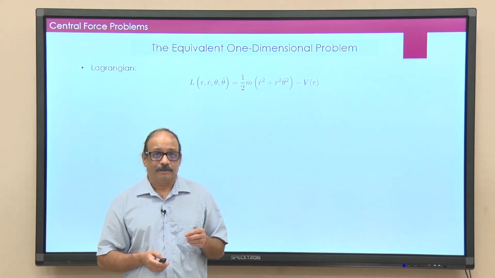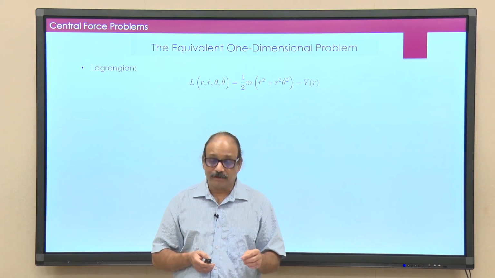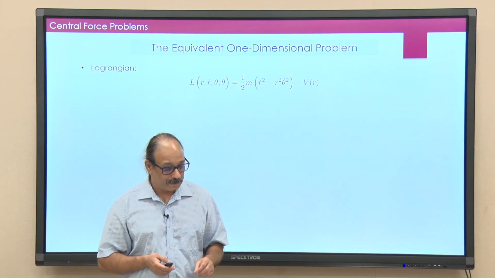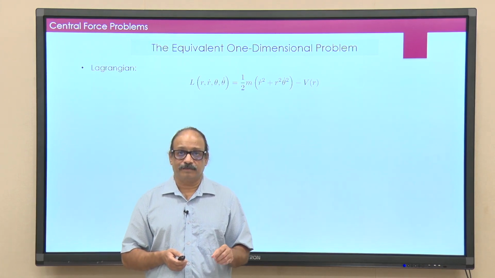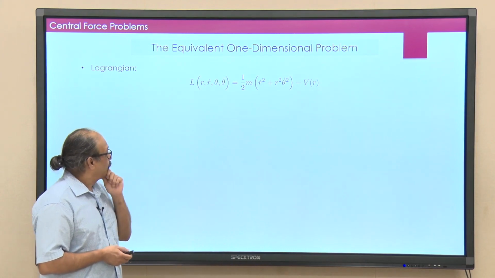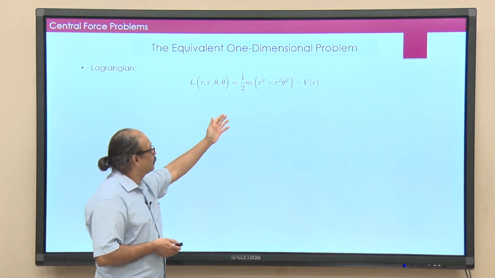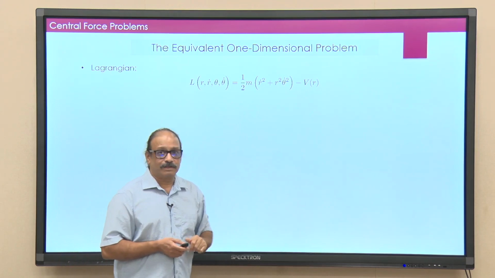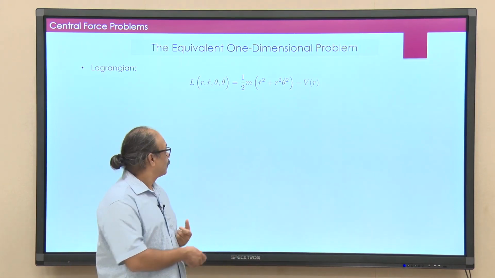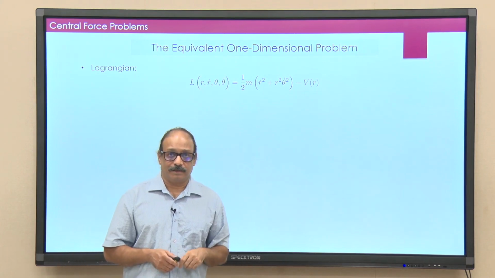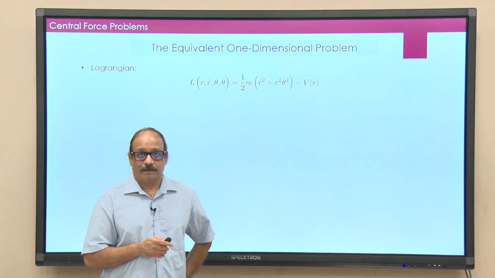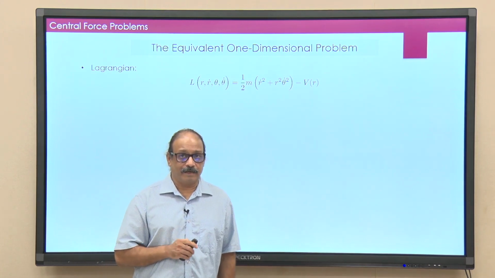The Lagrangian, again this is a problem of 2 coordinates or 2 degrees of freedom. So, Lagrangian is written in terms of r dot, theta dot, and if you remember, the Lagrangian is half m times r dot square plus r square theta dot square, that is the kinetic energy term, and then you have this potential energy term there. Okay. But then remember, theta is a cyclic coordinate.